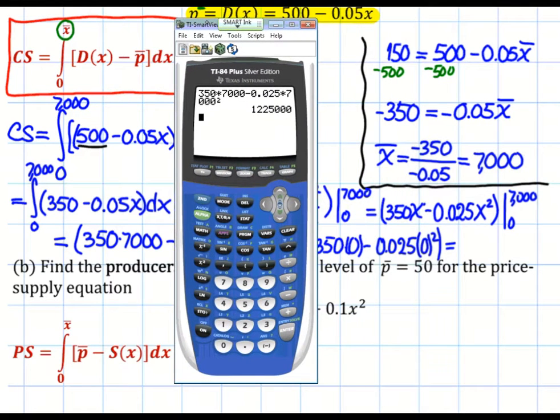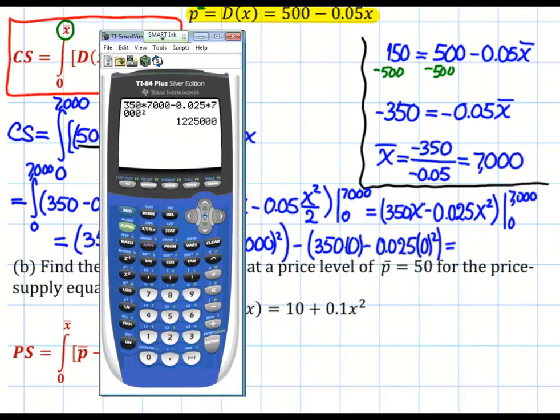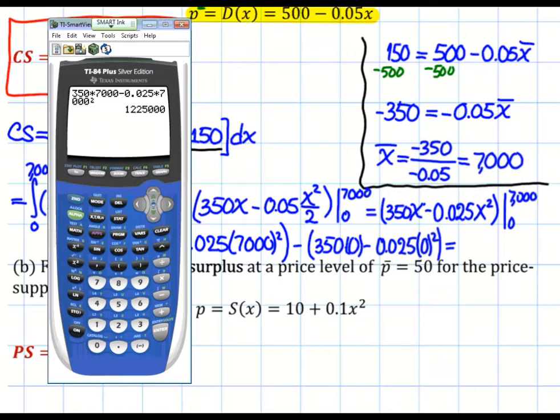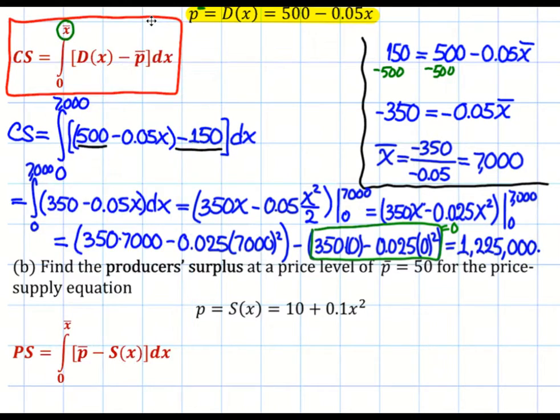Of course, the second parentheses give us 0, so this part here is 0. So what we have there is the answer: 1,225,000. So that's the first part of the problem.